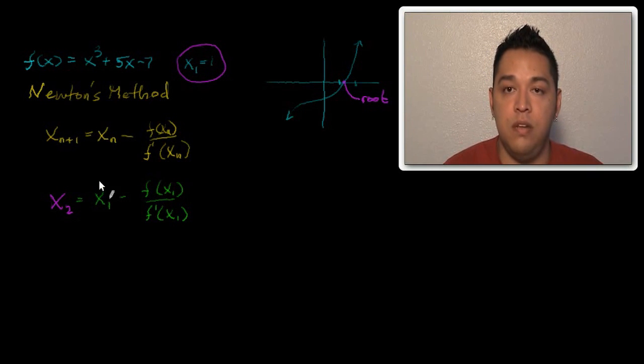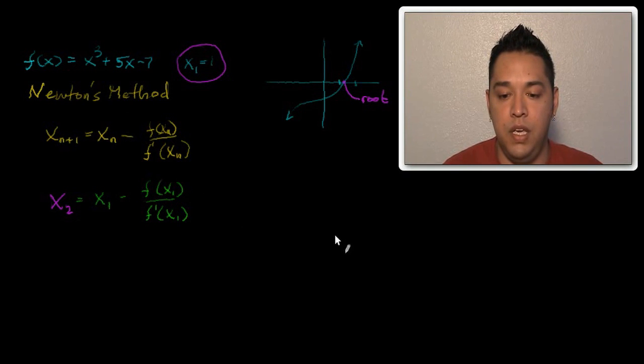We also need to find the derivative of f of x. Let's go ahead and do that. The derivative of f of x would equal 3x squared plus 5.